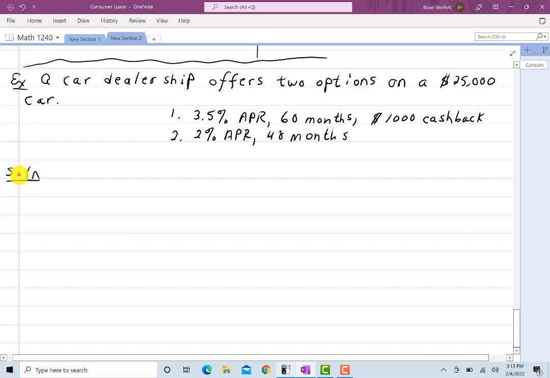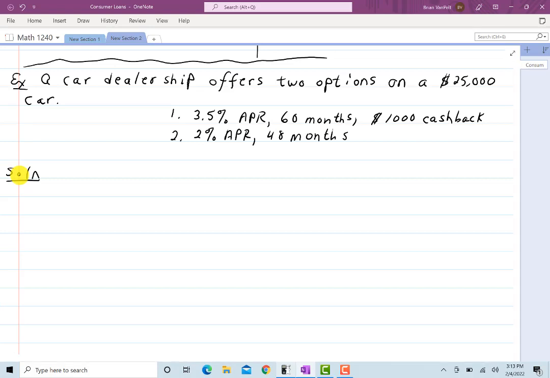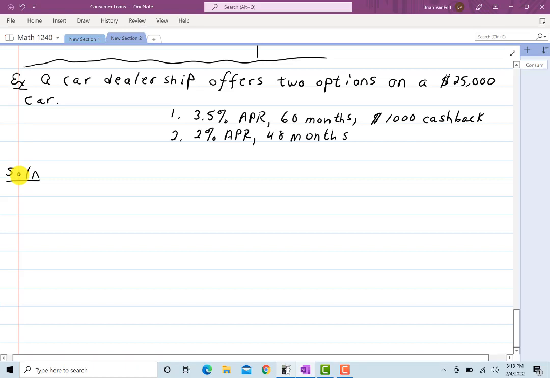I guess you could still do a loan for $25,000 and just ask them to hand you $1,000, and I think they'll do that if you want. But almost everybody takes the $1,000 off the price of the car. So in situation 1, our A is not $25,000 but $24,000.